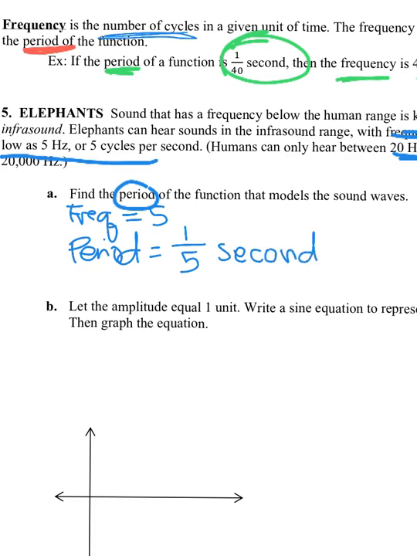So that's how long it takes for a cycle.